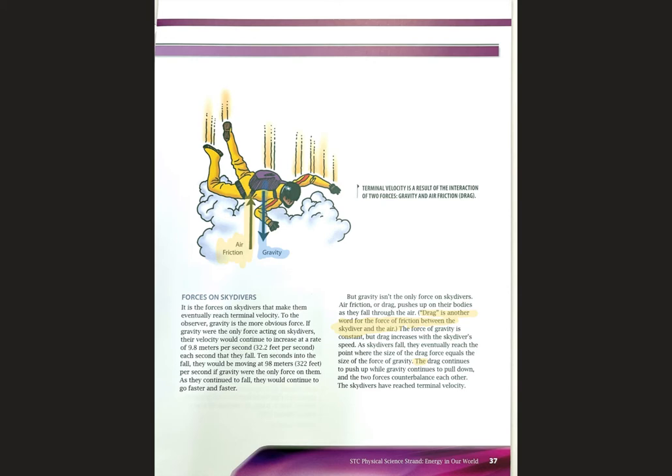And the two forces counterbalance each other. The skydiver reaches terminal velocity. So when the two forces are equal, when the force of air friction equals gravity, terminal velocity happens.